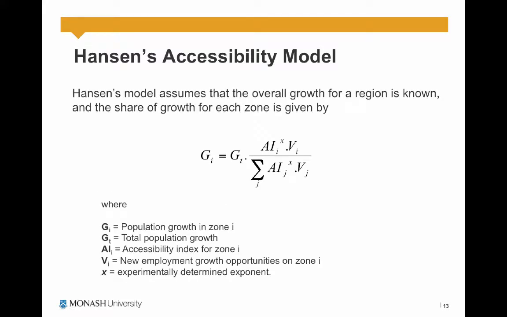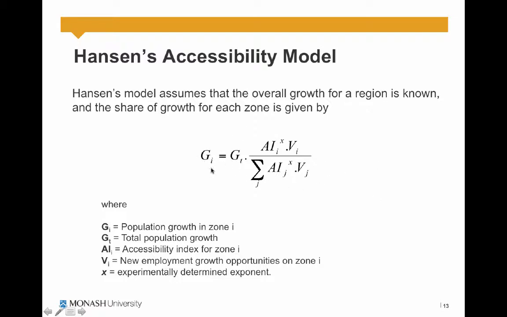After we calculate this accessibility index, we assume that the overall growth for the entire region is known, and the share of the growth for every specific zone is then calculated by a simple formula.